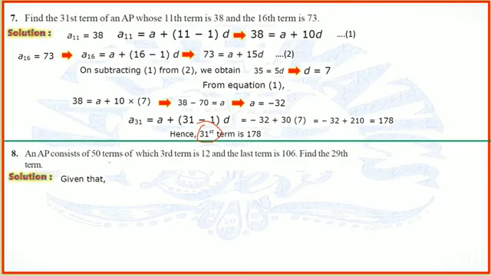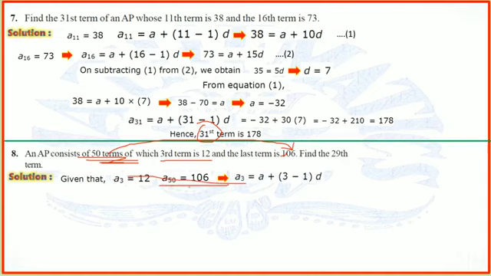For the solution, given that the third term A3 is 12 and the 50th term, 50 terms are there, so the 50th term, that is the last term, will be 106. Now the third term A3 will be A plus 3 minus 1 into D, which is equal to 12.